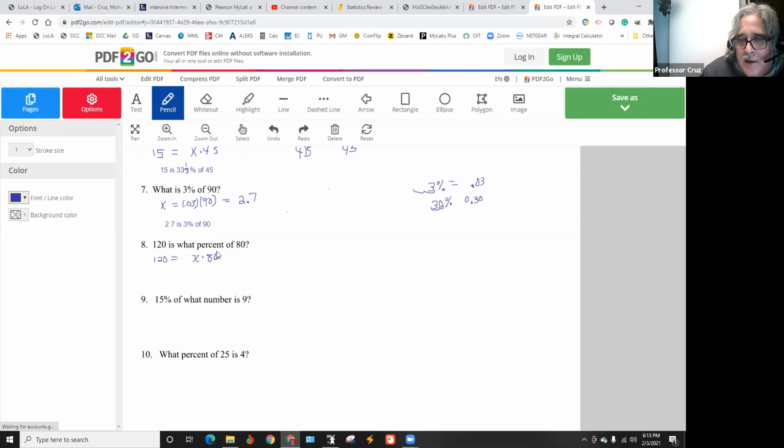And then, as I said, I'm just going to write it the more familiar way. 80x is equal to 120. All right, now divide both sides by 80. You can handle it like that if you want to. You just got to remember that you would still divide both sides by 80.